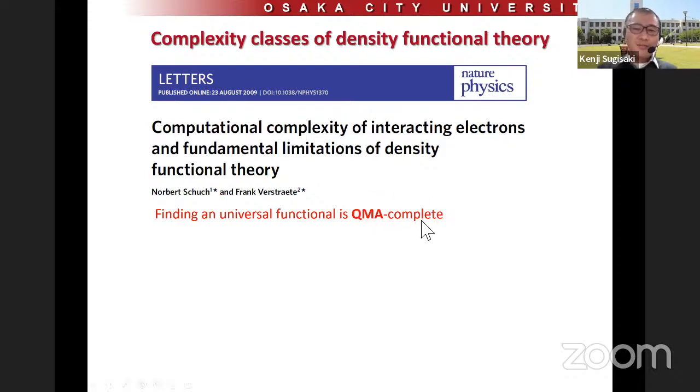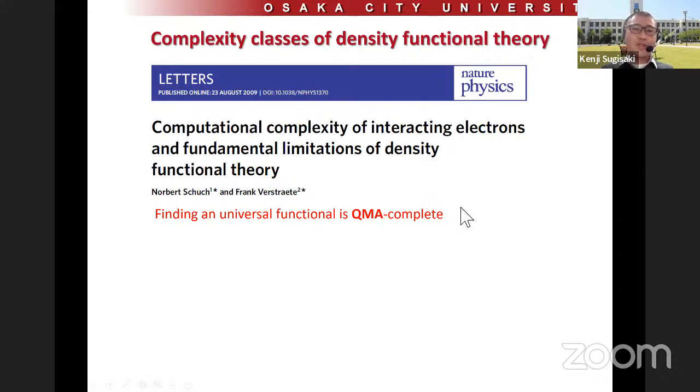This is very natural because density functional theory is based on the one-to-one correspondence between the density and the wave function. So solving for the exact wave function is QMA complete, and naturally finding a universal function is QMA complete.